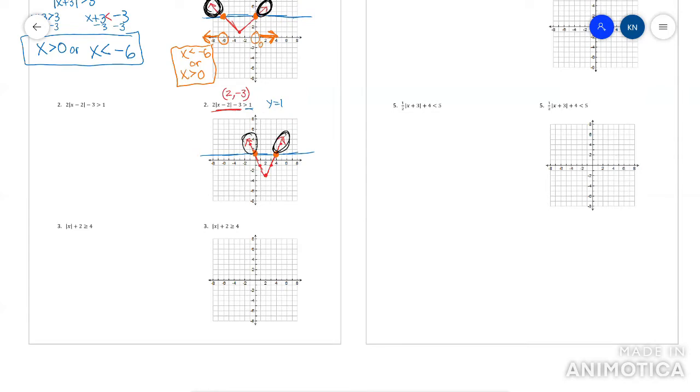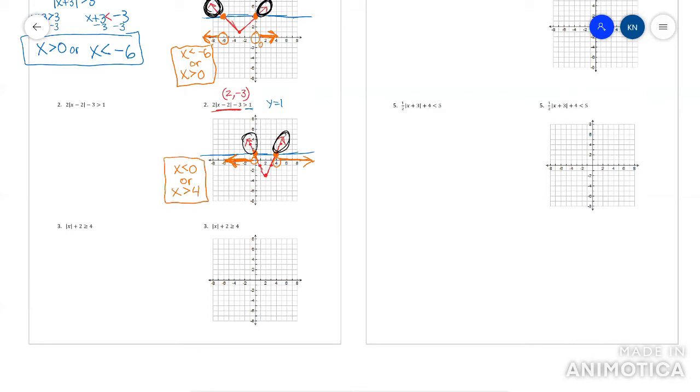So this is similar to the one we just had. So it would be everything from 0 this direction to the left, and it would be everything from 4 this direction to the right. So everything that's less than 0 or everything that's greater than 4, like that.